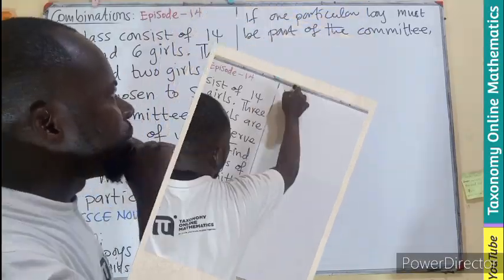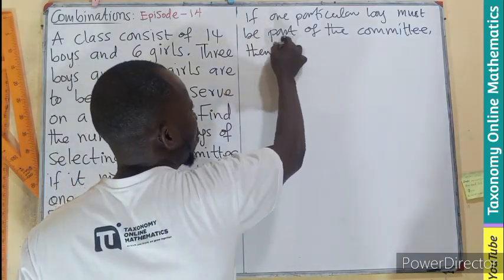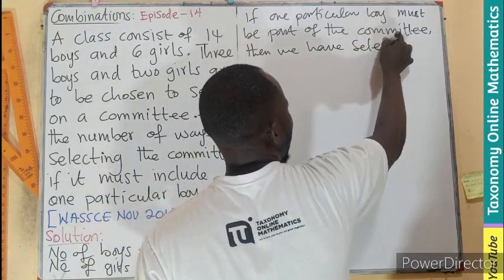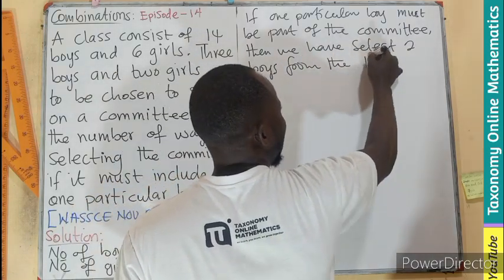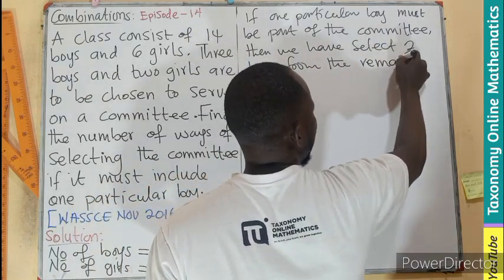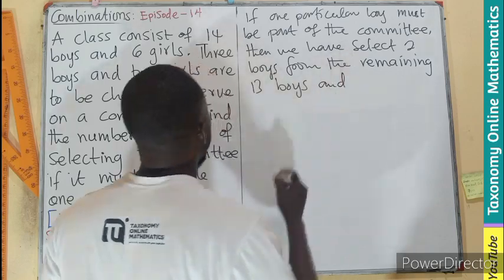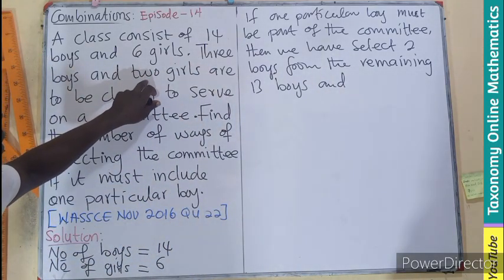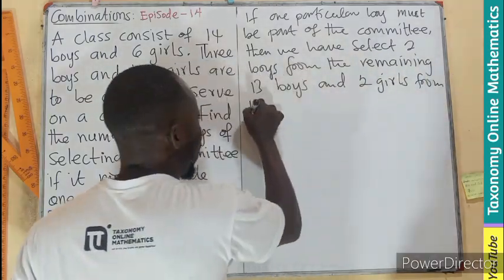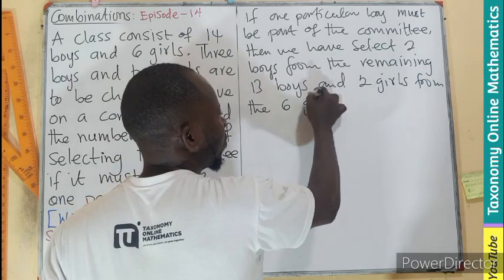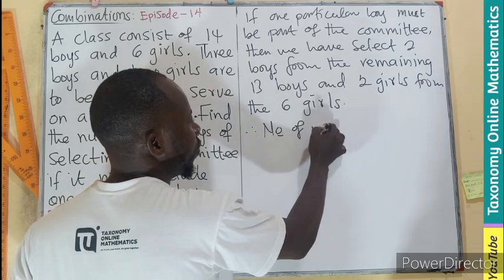If one particular boy must be part of the committee, then we have to select 2 boys from the remaining 13 boys, and still we have to select 2 girls from the 6 girls.